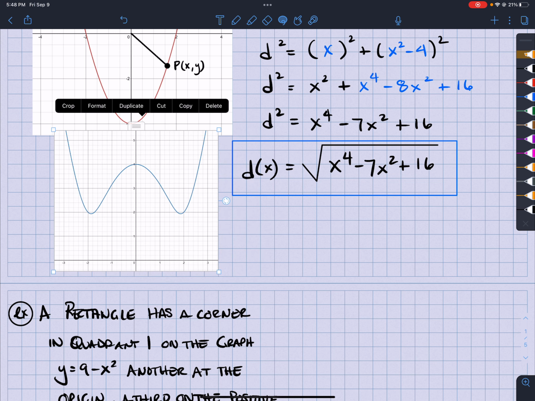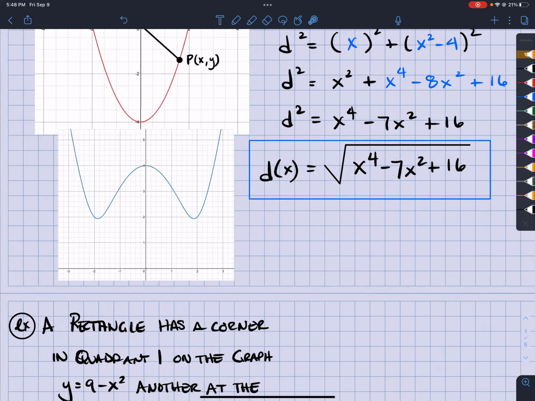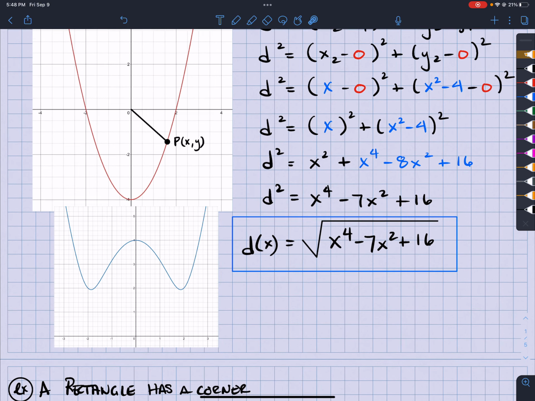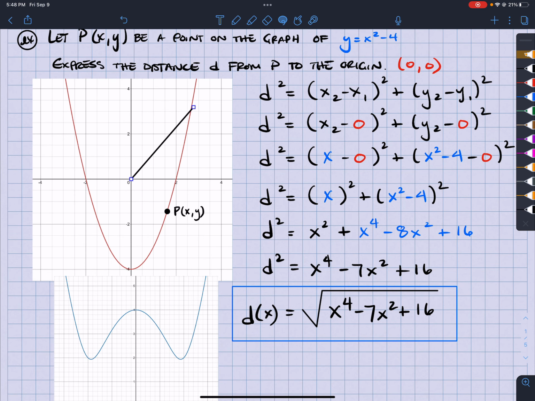So now what I can do is, based on the so-called x value, I can see what the distance is. Remember when I said in the beginning, as I move this, it's going from long to short, a little bit longer to short, and then long again, right?